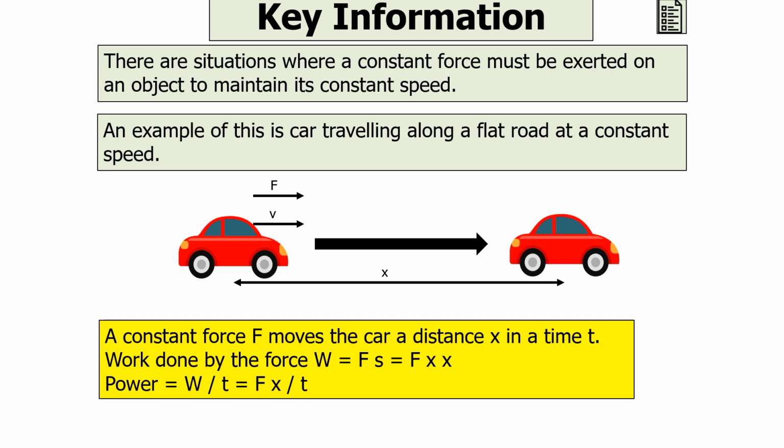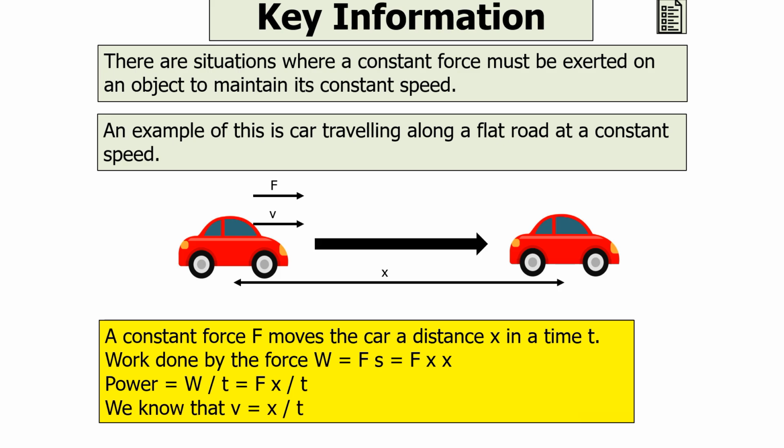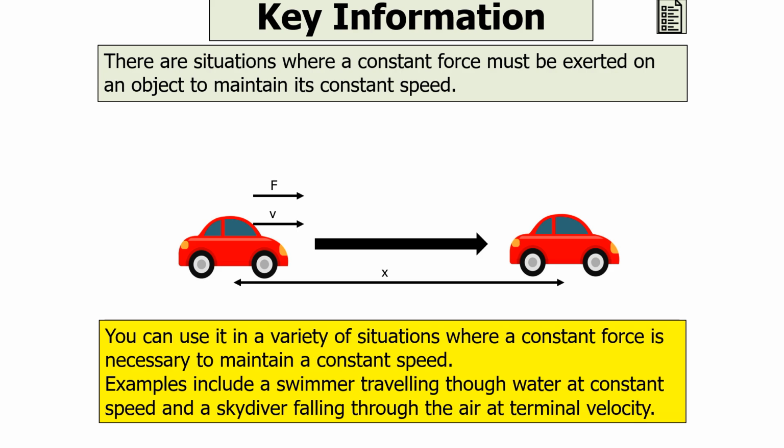We know the work done is Fx, so therefore the power is Fx over time. Now we know that velocity is equal to x over t, the displacement over the time. So we can sub that into the equation to say that power is equal to the force times by the velocity of the object.